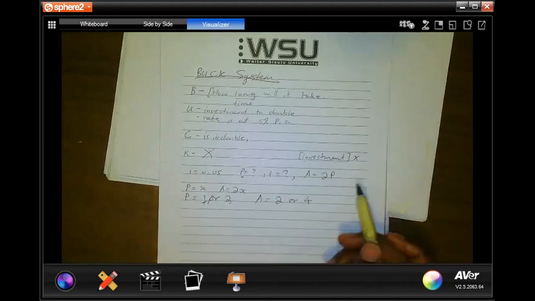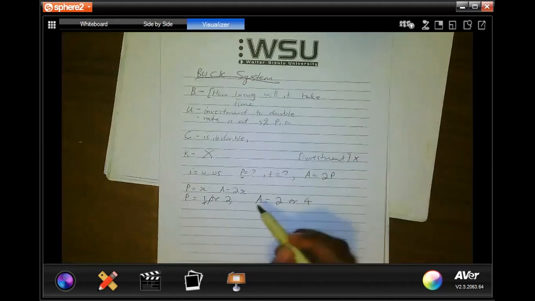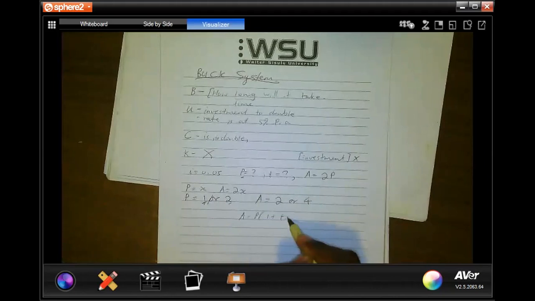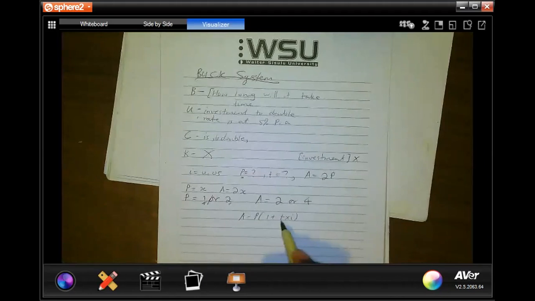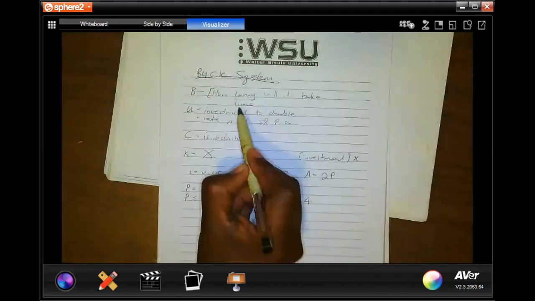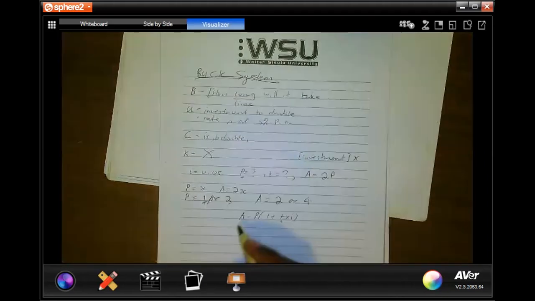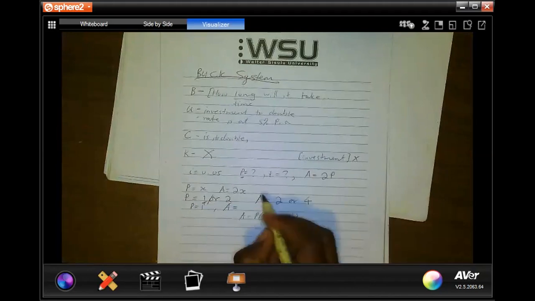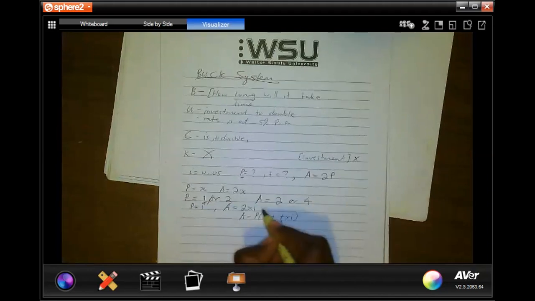Okay. So we've got A equal to P into 1 plus T times I. Now we want to calculate T because the statement said how long. So I will use the method where P is equal to 1, such that A is equal to 2 times P, which is 2.